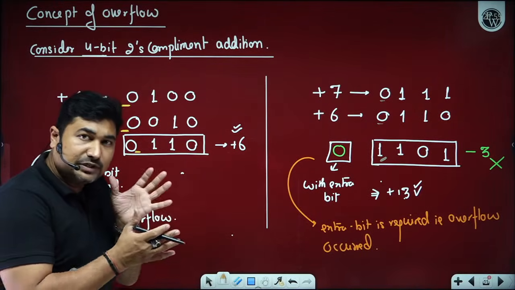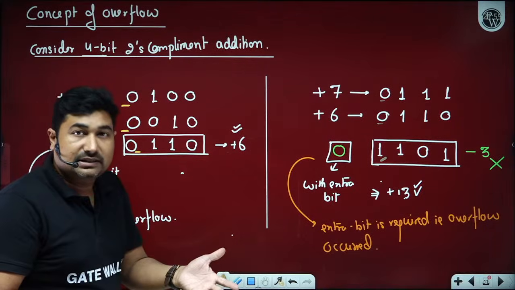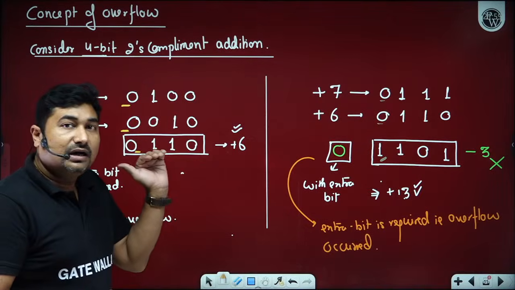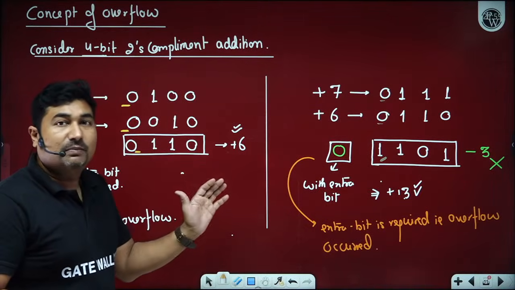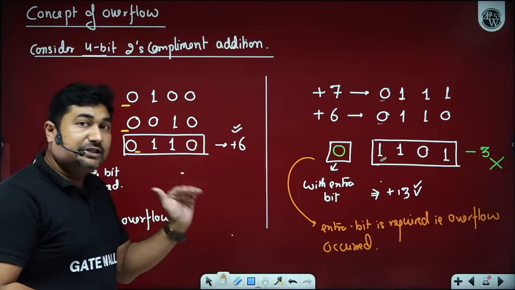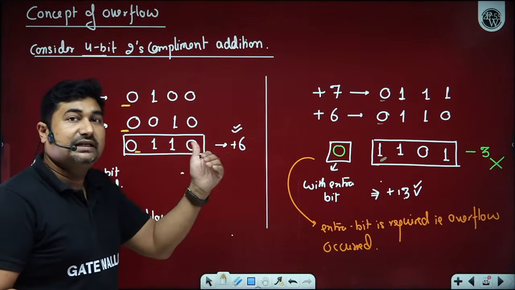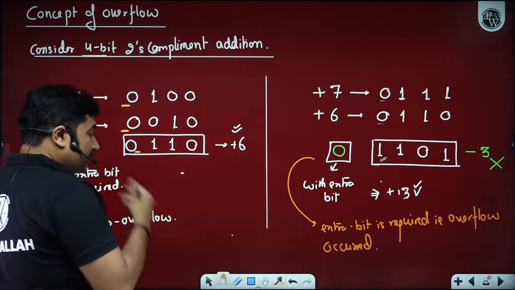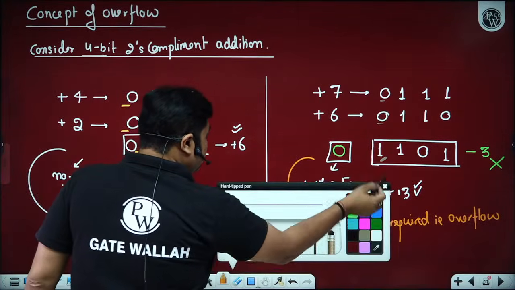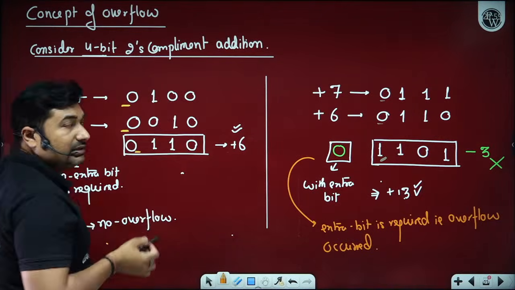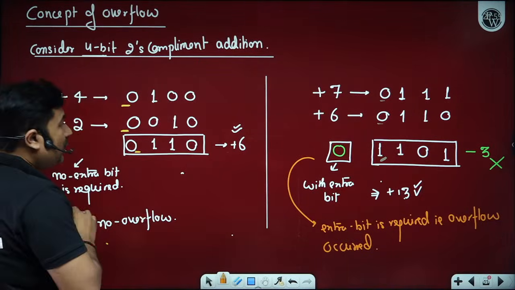So instead of showing the result, it must show an error signal. And how do we identify that error signal? We can do it with the 2's complement arithmetic operation. If we are using addition by 2's complement, then we can show the error whenever the result goes beyond the range. It is possible by observing the carry in to the last bit position and the carry out from the last bit position.